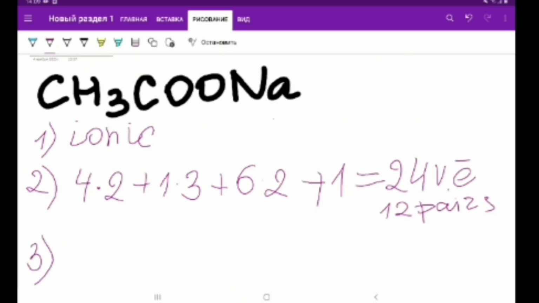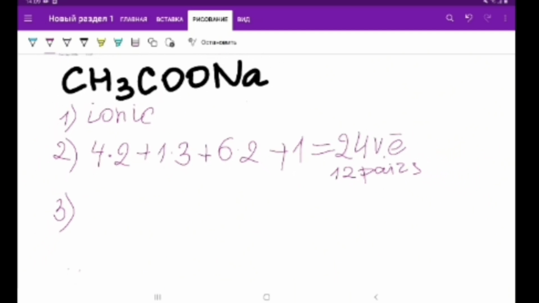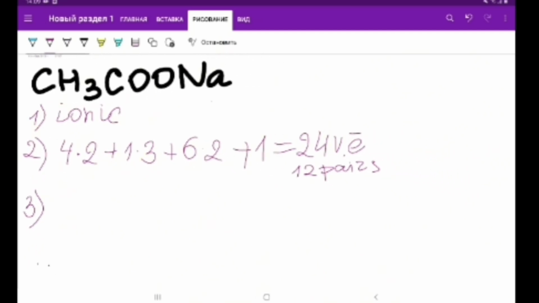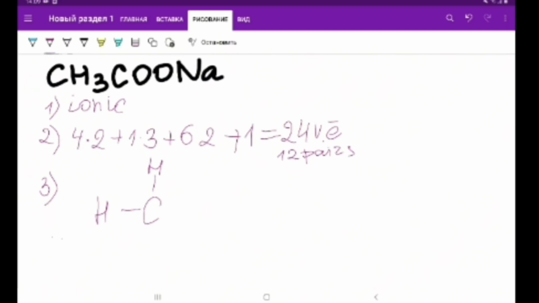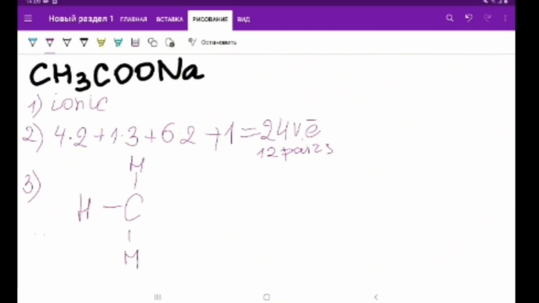The third step, we draw the skeleton. Usually we draw hydrogens around carbons. It's obvious that it will be like this: CH3, C, O, O, sodium.